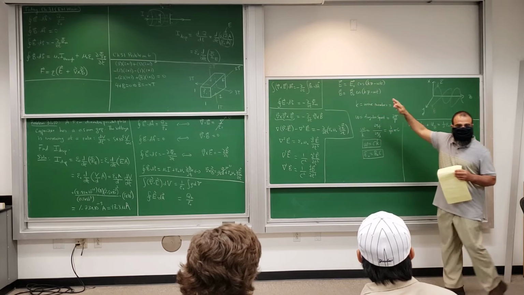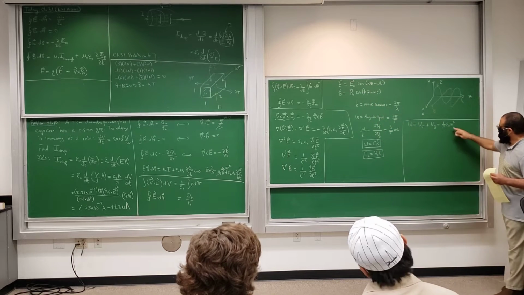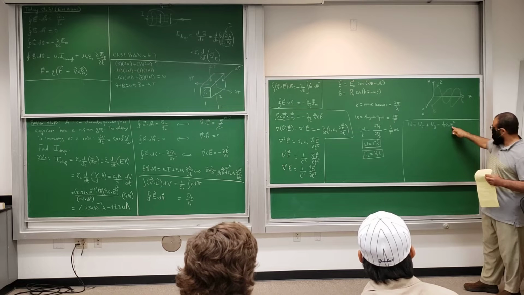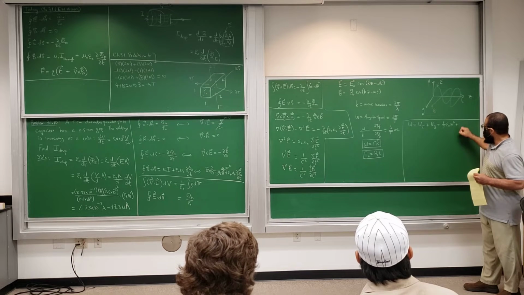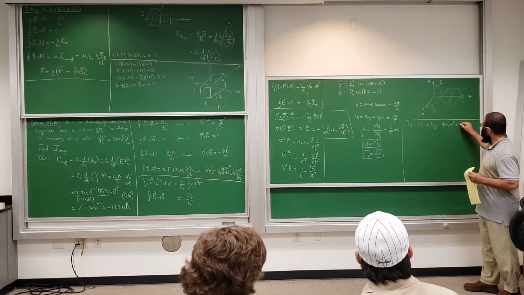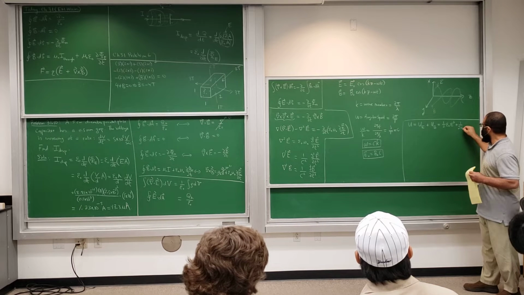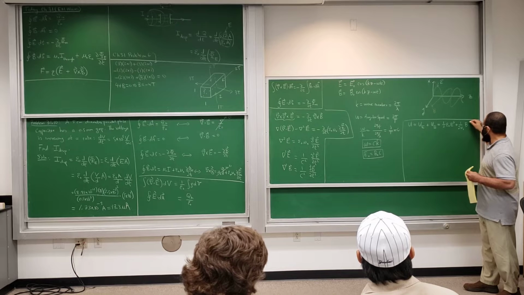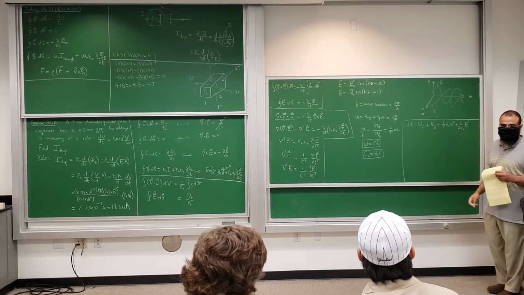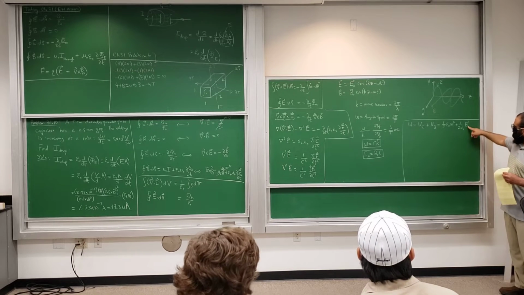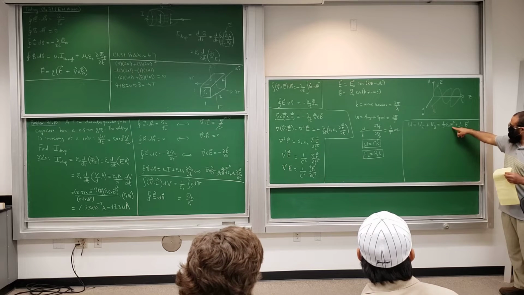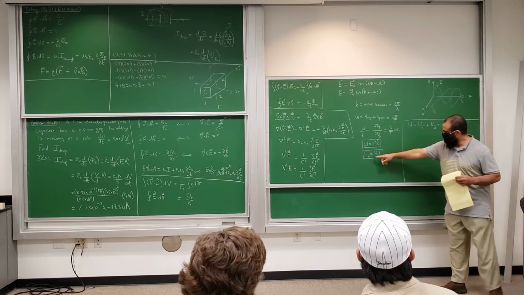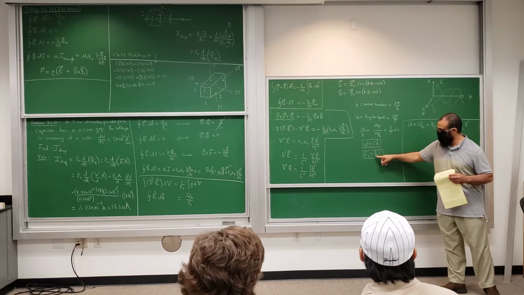We'll worry about the cosine in a moment, but for now, let's just write it E squared. And for the magnetic field, it is 1/2 mu naught times the magnetic field squared, right? Now the magnetic field squared is equal to the electric field squared divided by C squared, because their amplitudes are related this way.